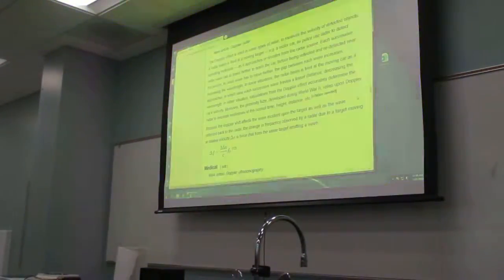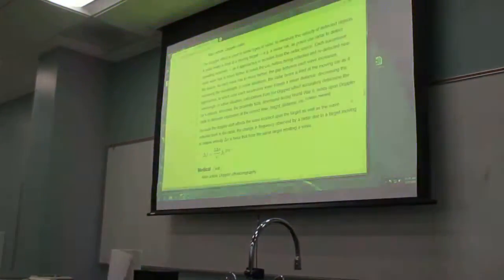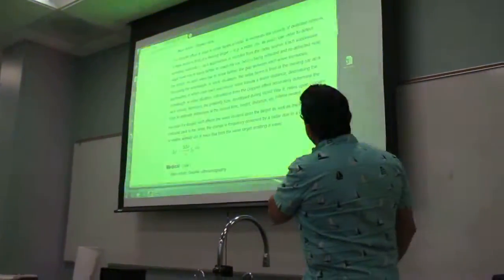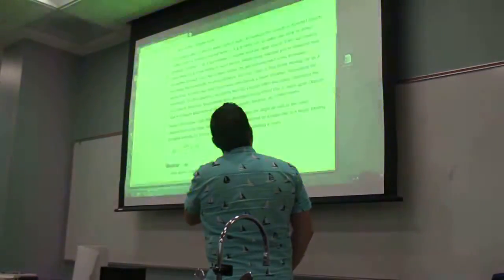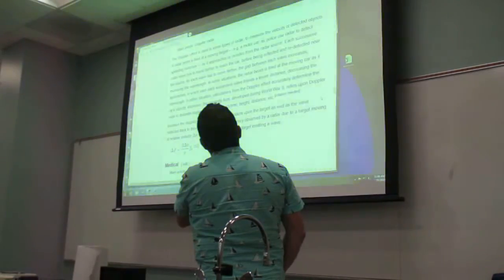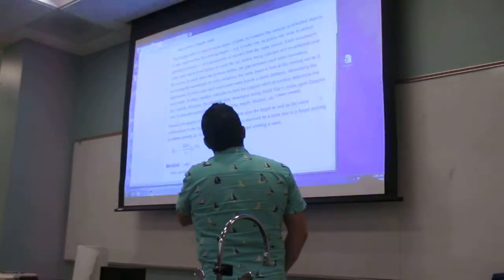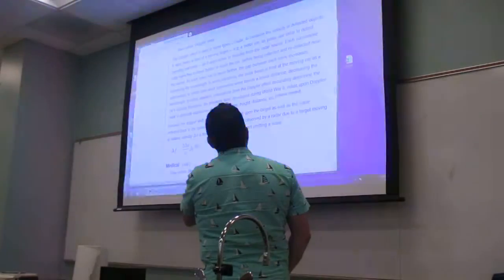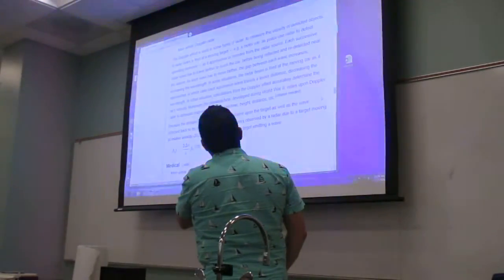Let's see what other uses. Radar is another use. The Doppler effect is used in some types of radar to measure the velocity of detected objects. A radar beam is fired at a moving target. Motor cars: police use radar to detect speeding motorists.